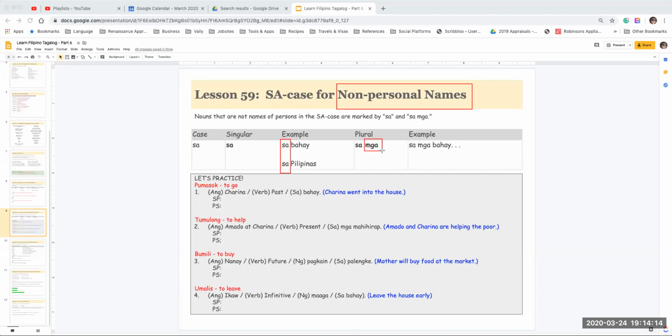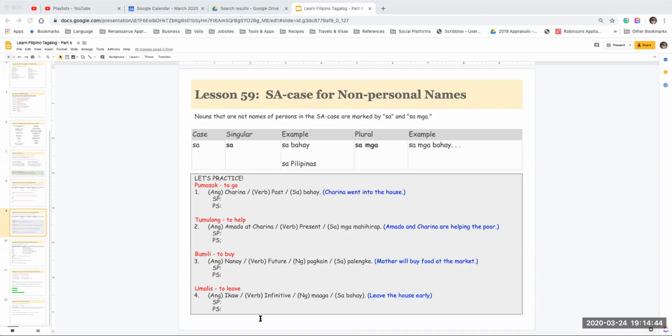And if your noun is plural, then you will have to add mga. That's it. I'm going to screenshot the whole page, but your homework is this practice at the bottom.